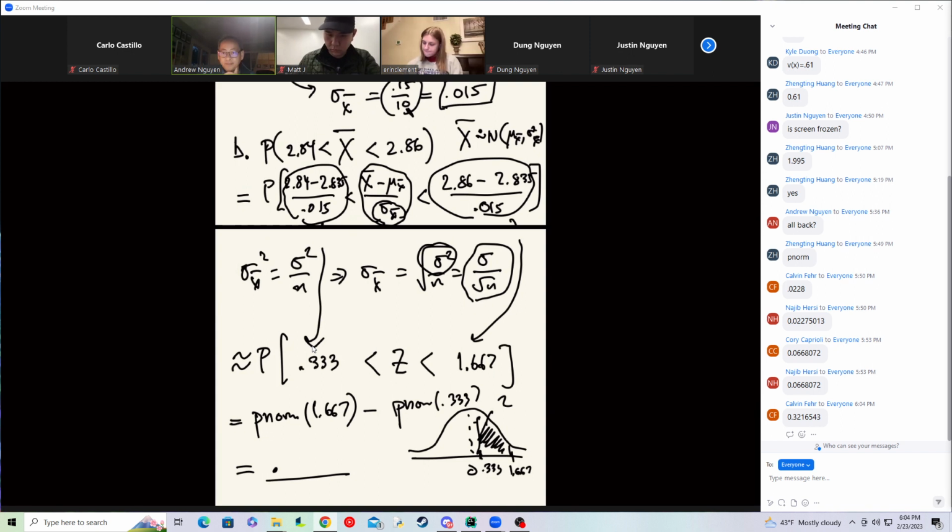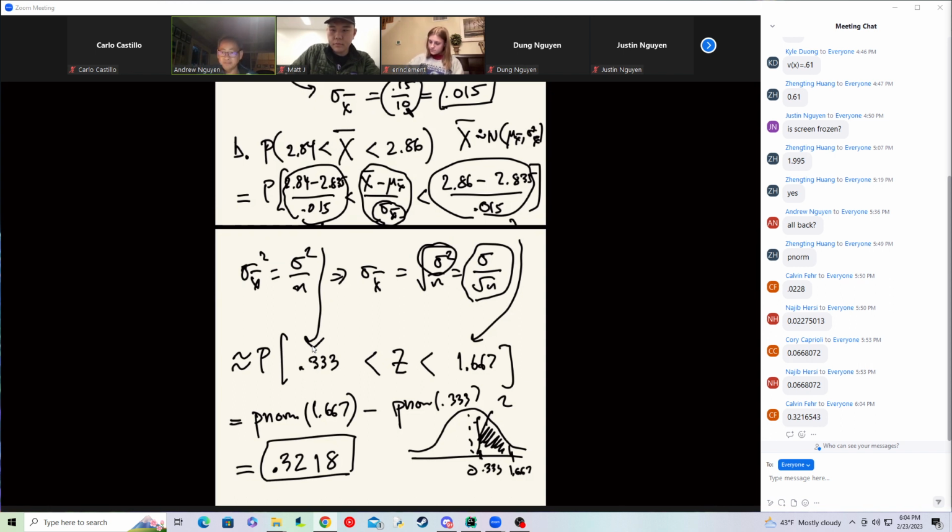That's the central limit theorem. That allows you to calculate probability involving X bar when n is large. Otherwise, it's messy. Okay, 1.6, all right.